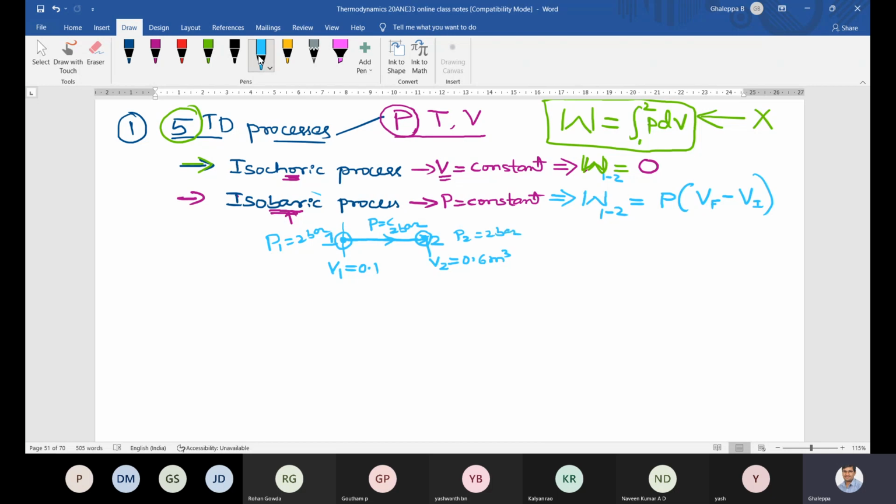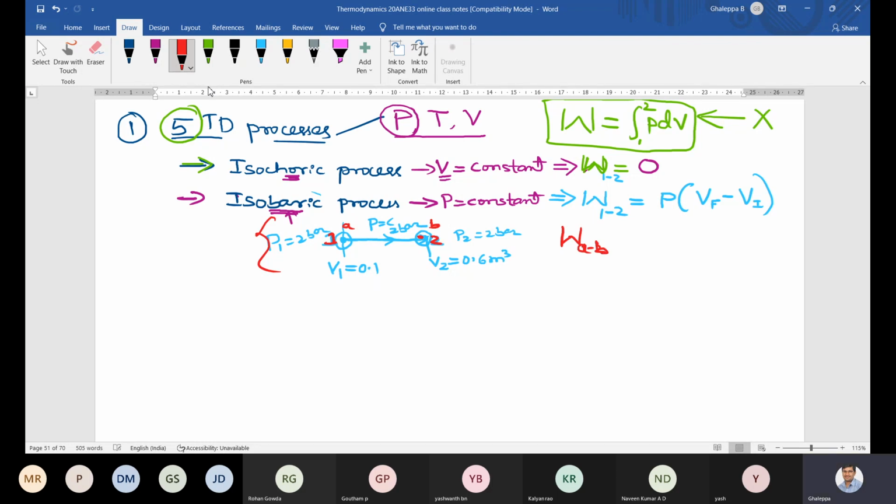So for this process, how to apply this equation? W 1 to 2. Why am I writing 1 to 2? Because I have taken initial point as 1, final point as 2. In some numericals, to confuse the students, he will change the initial point to A and final point to B. In this case, do not take 1 and 2 because he has clearly given A and B. So I need to write A to B process.